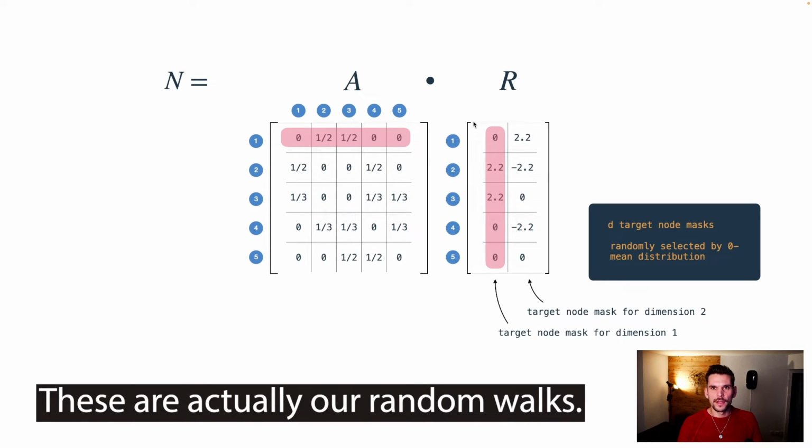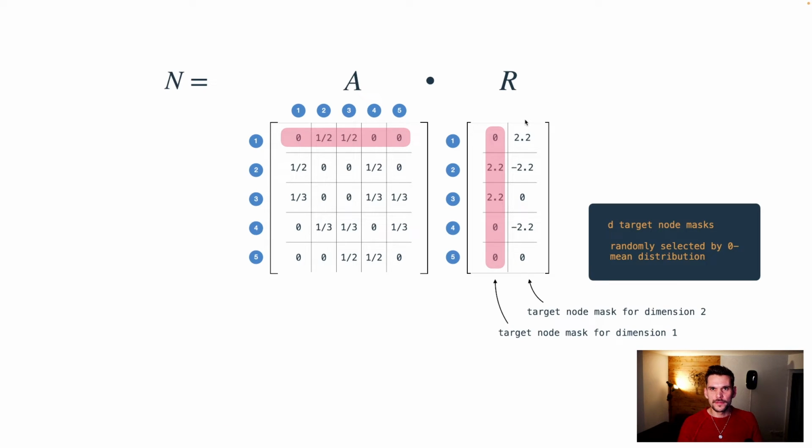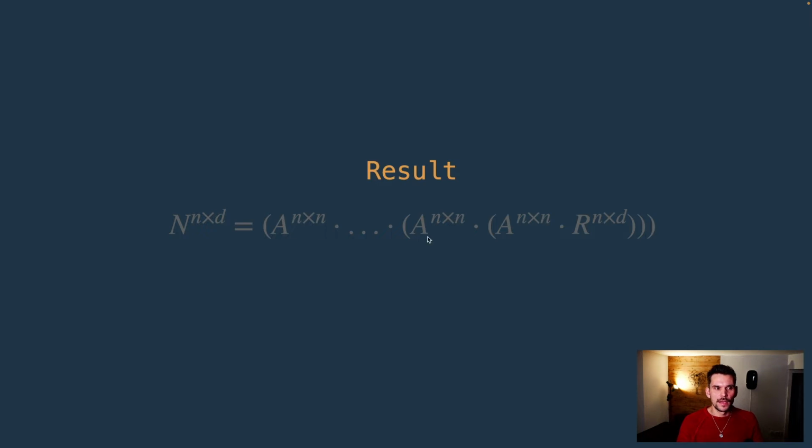So in our case, we only have two resulting dimensions, which is D. So we have two target dimension masks, and these are the two vectors, and these are applied to all of the source nodes in our transition matrix. And that would lead us to the final result of a k-step transition matrix with very sparse random projections.